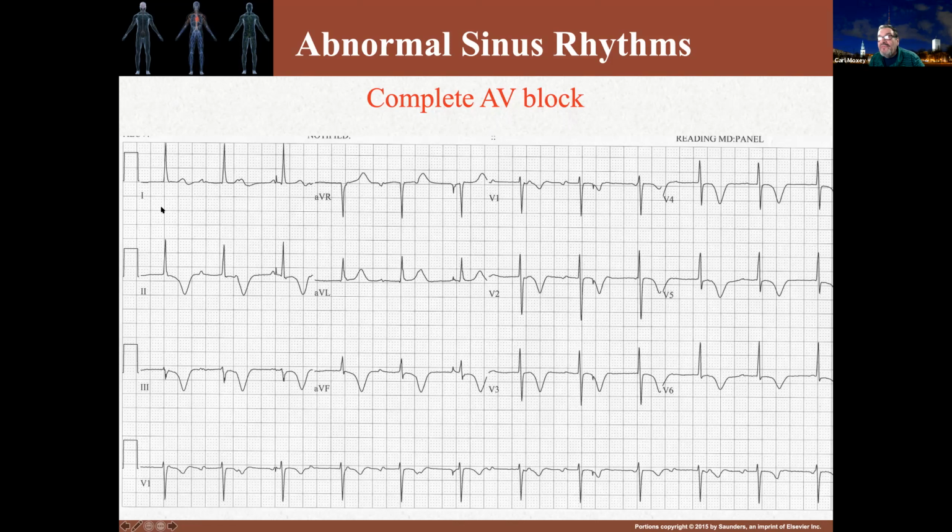And if we want to figure out what that regularity is, it's probably about 120 beats. Whereas you'll notice that our QRS rate, 1, 2, 3, 4, is around 75 or less. So our QRS rate is probably around 70 beats per minute.